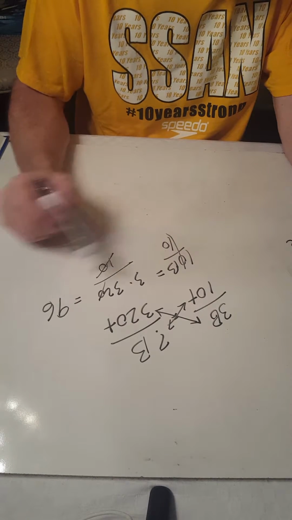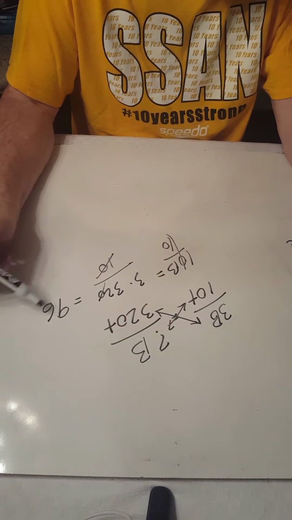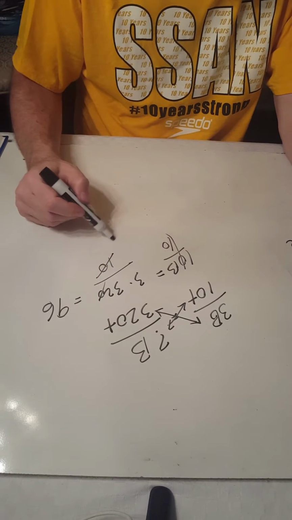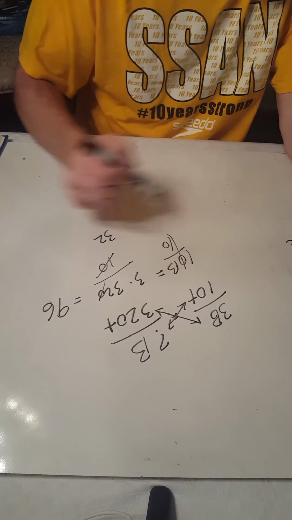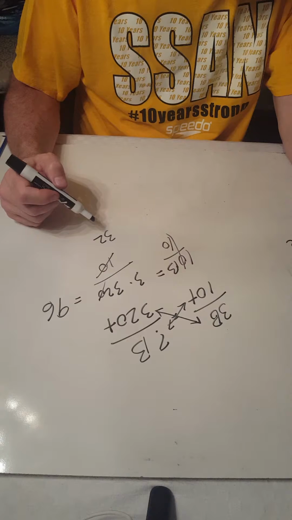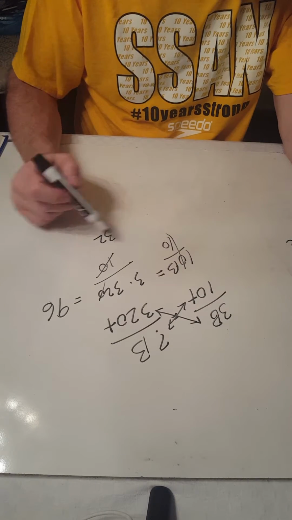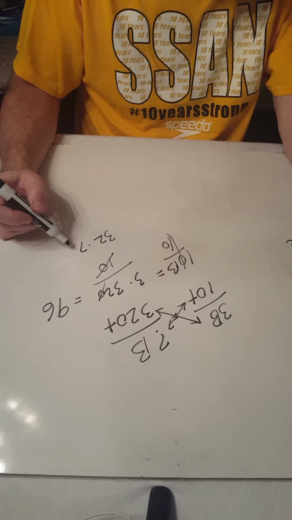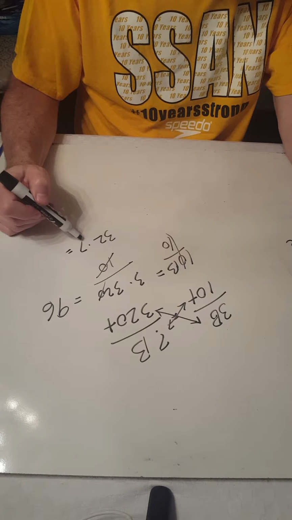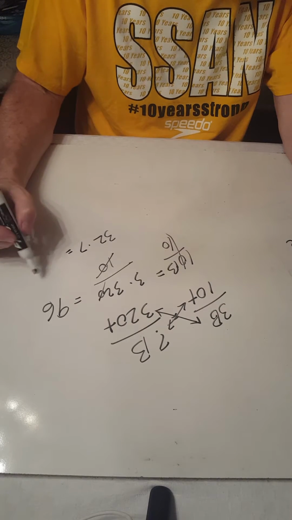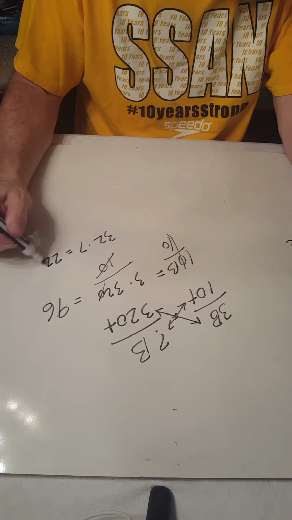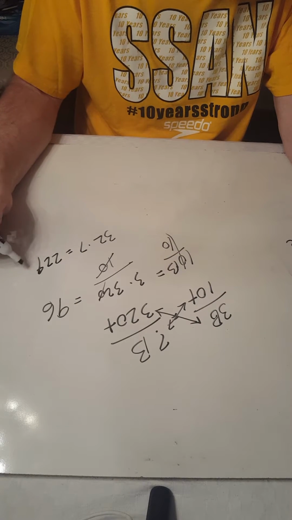Well, if we divide this by 3, then we come up with 32, obviously. And so there's 32 groups of blue marbles. And so that means there's also 32 groups of red marbles. So if we say 32 times 7, 30 times 7 is 210, plus 14 is 224. So there's 224 red.